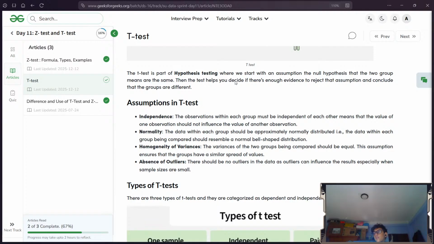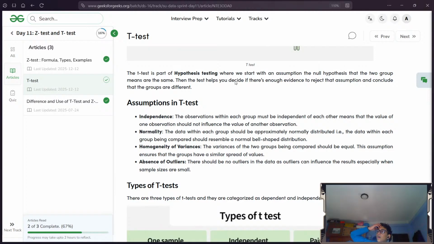Assumptions in t-test. Independence: the observations within each group must be independent of each other, meaning that the value of one observation should not influence the value of another observation. Normality: the data within each group should be approximately normally distributed, that is, resemble a normal bell-shaped distribution.